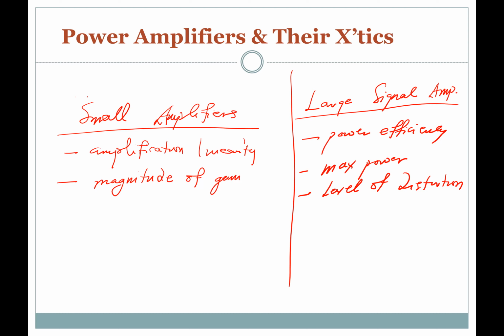We would look at amplifier classes as we move on, but before we do, let's look at one of the major characteristics of large signal amplifiers or power amplifiers, which is the power efficiency.